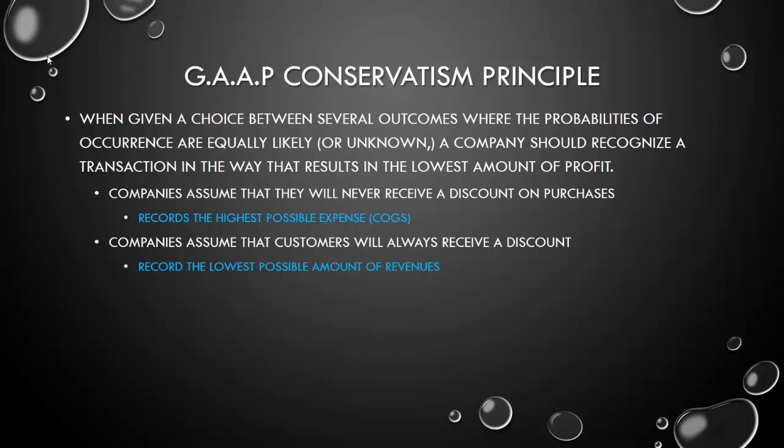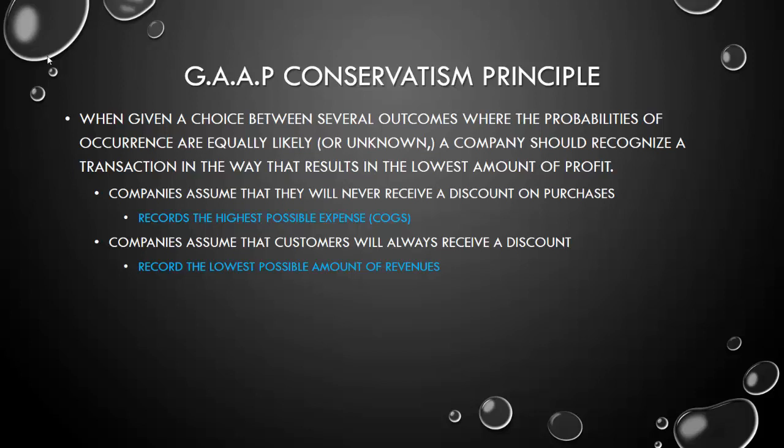Well, what is the way that's least favorable for a company? That company never gets a discount on anything they buy, so they pay as much as possible for their inventory. And that when they sell goods, the customer always gets the discount, which means they pay as little as possible back to your company. By doing so, you record the highest possible expense you can get, because you're paying the most you possibly can for inventory, while receiving the smallest amount of revenue you can get.